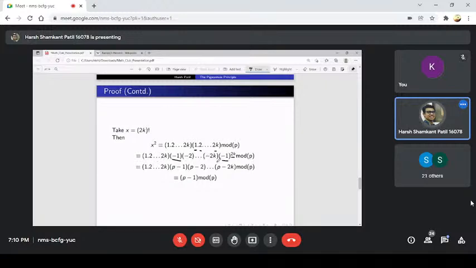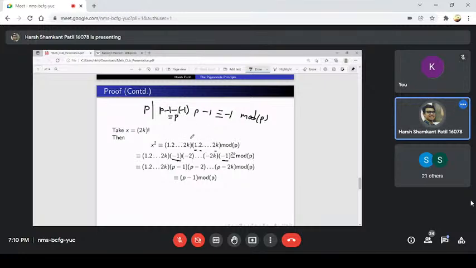So what do we get here? We can replace minus 1 by p minus 1. Why? Because p minus 1 is congruent to minus 1 modulo p, since p divides p minus 1 minus minus 1, which is p.